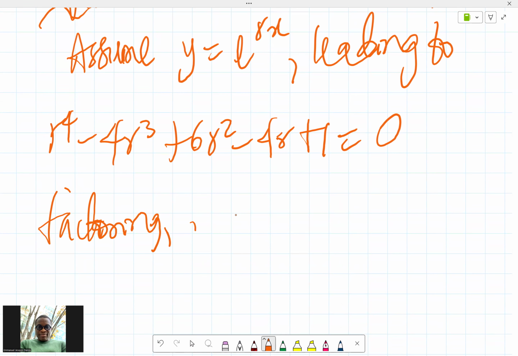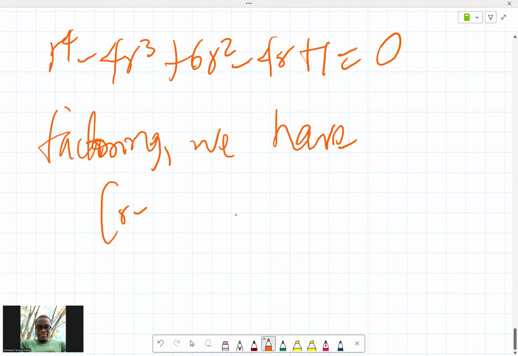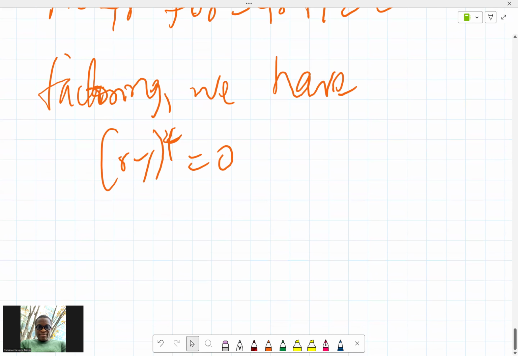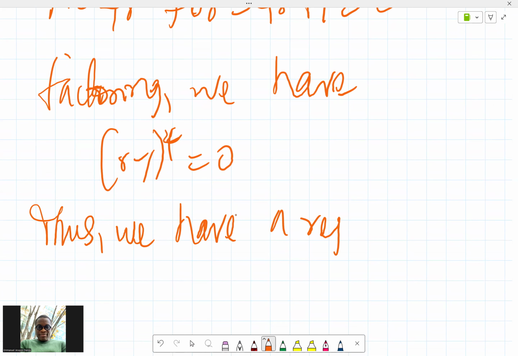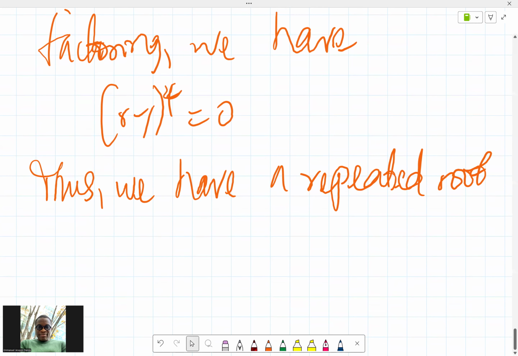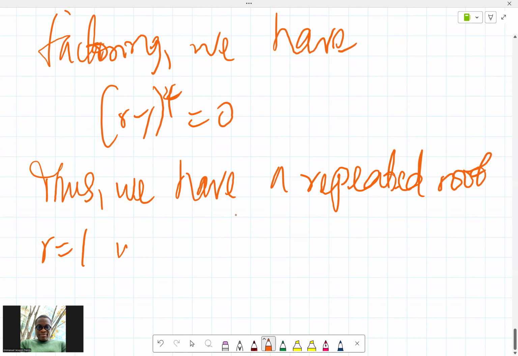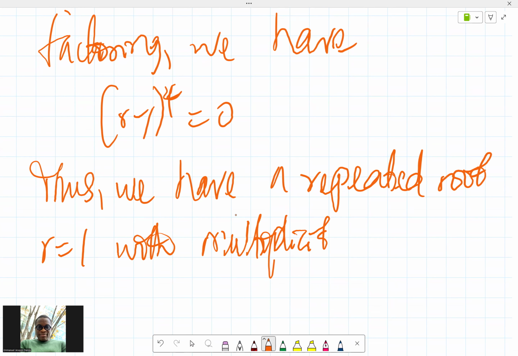If you factor this, you discover that it is actually (r minus 1) raised to 4 equals 0. In that case, we have a repeated root, r equals 1, repeated 4 times, with multiplicity 4.